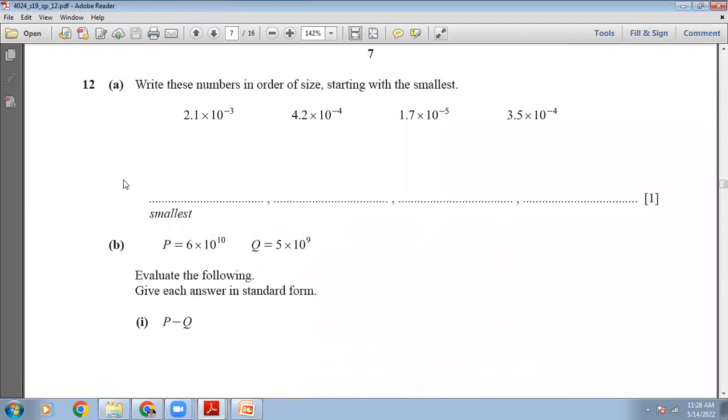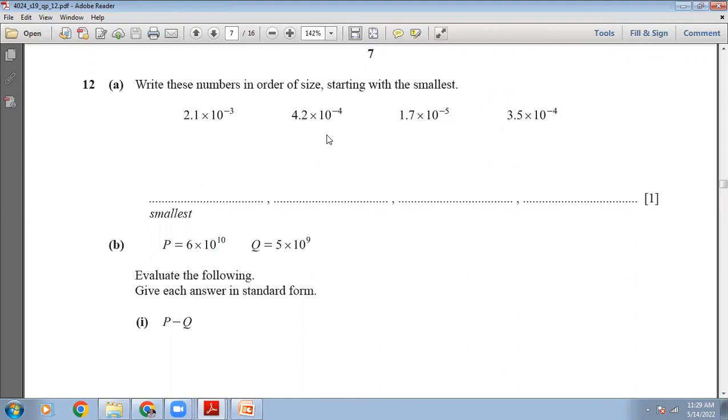The next question, he says, write these numbers in order of size, starting with the smallest. Here the numbers are written in standard form. The number that has the highest power or exponent of 10 is the highest, and if the power is the lowest, that is the lowest. So the lowest power here is this one, so this will come in the first position.